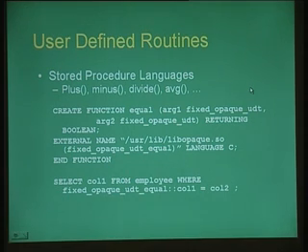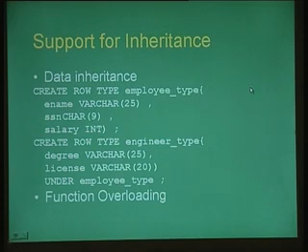And the Informix server also supports data inheritance as an integral part of its ORDBMS data model. So for example, here you first create a row type. A row type is again a tuple type which is created like this.